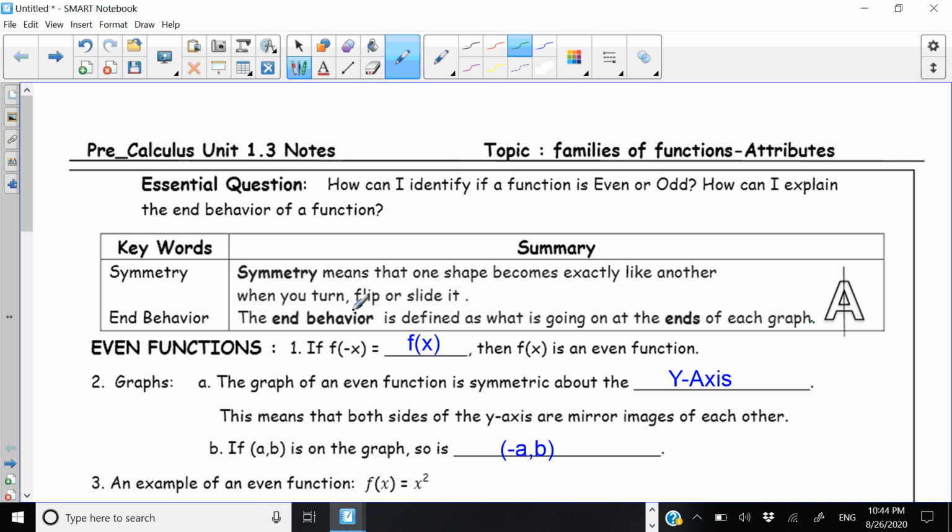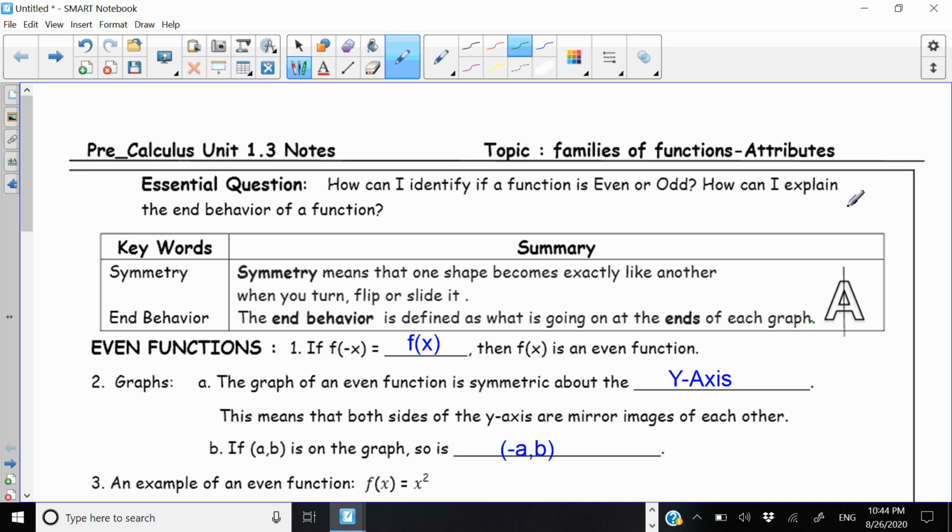End behavior is defined as what is going on at the end of each graph. That means, for example, if x is going to infinity, what is going to happen to y? If x is going to negative infinity, what is going to happen to the y again? So as one variable goes to infinity, an extremely large number, or extremely small number, what is going to happen to the other variable?